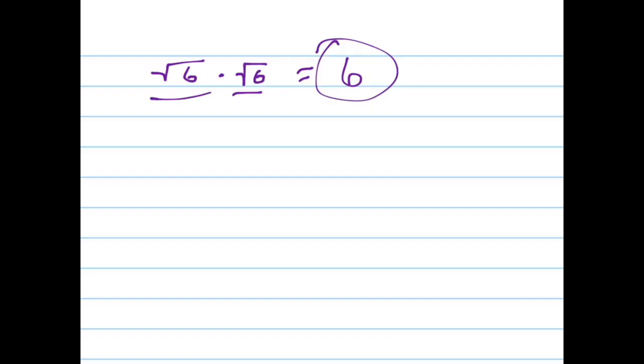Let's look at the next one. Radical 3x times 4 radical x. What do I do with that 4? I can bring it out in front. It's not under a radical, so it shouldn't be moved under a radical.